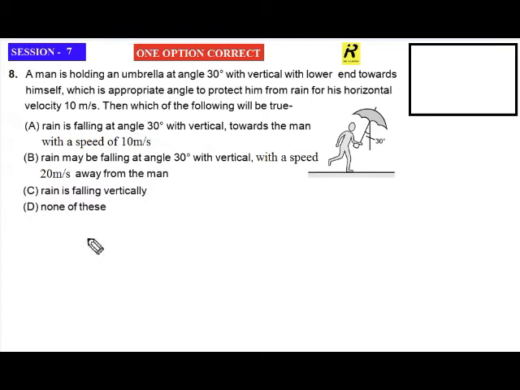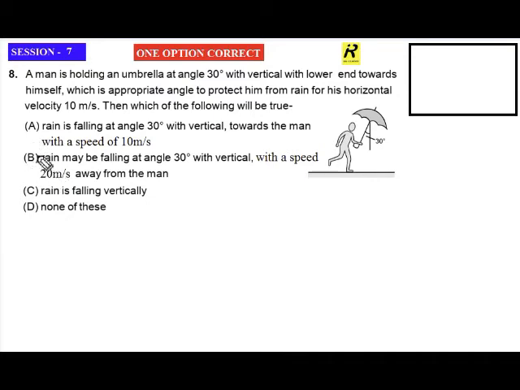So the condition he said here, he always holds the umbrella at an angle 30 degree with the vertical, fails. It fails because the angle with which he is holding the umbrella is more than 30 degree. So option A is wrong. I also mark wrong here in option A.